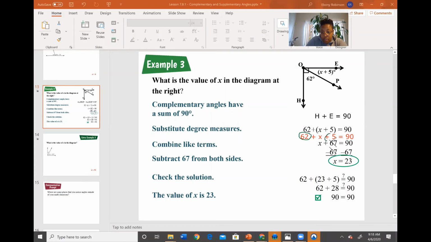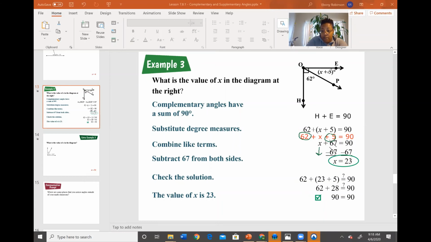I have a plus 5. 62 plus 5 is how they got 67. And the x is there. This is a one-step equation, so I'll subtract 67 from each side, and 90 minus 67 is 23. This x came down. All right?